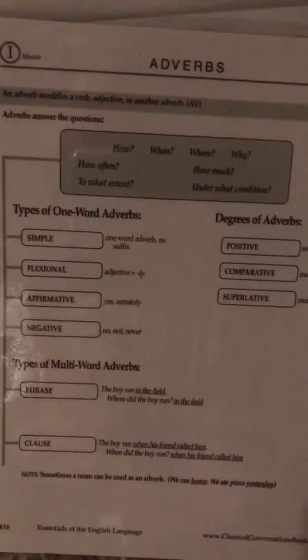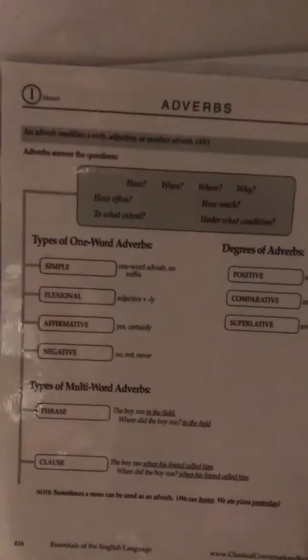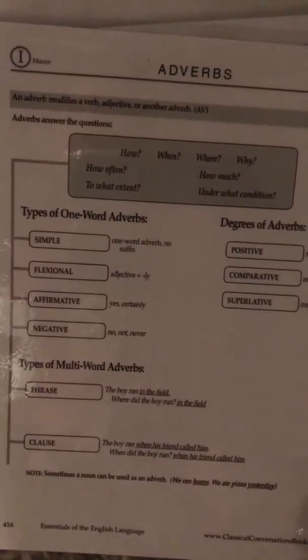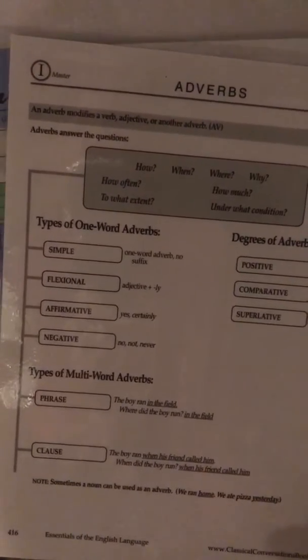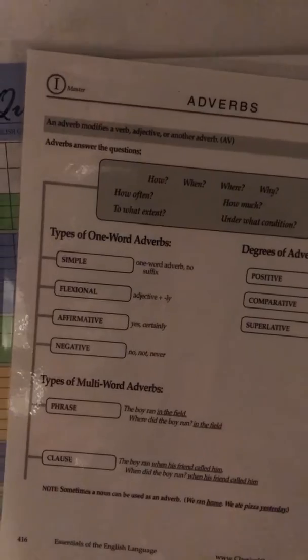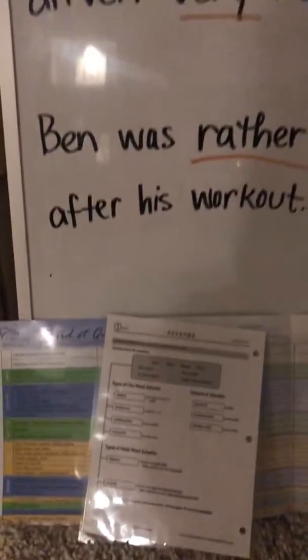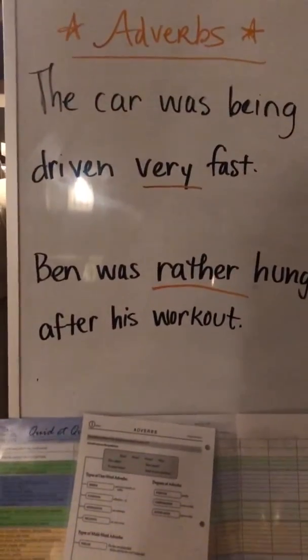So when we try to figure out if it's adverbial or adjectival, it's important to figure that out so we know where to diagram it when we're diagramming our sentences. All right. So that's a little bit about adverbs.